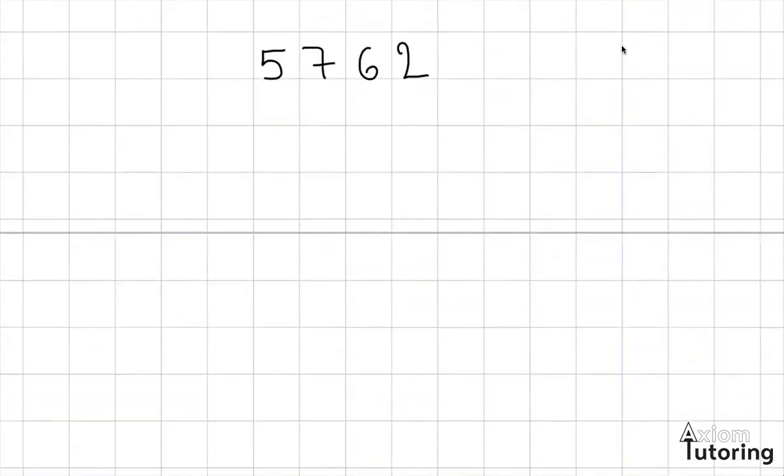Now, let's see what happens to the digit 1. When the 1 stands all by itself, it is worth just 1. So this is 1. But look what happens when the 1 moves one place to the left.